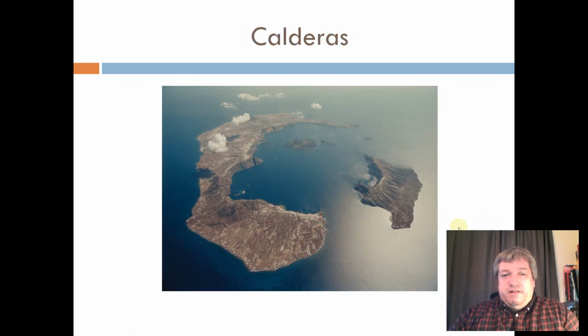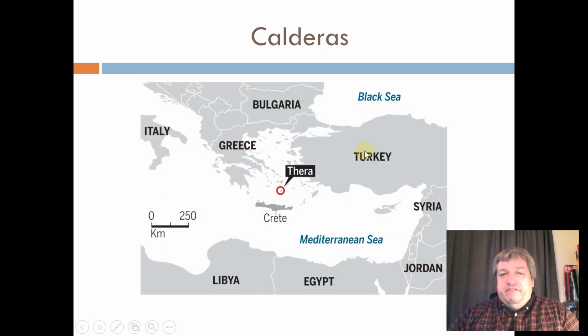Here's another example. This is the remains of an island. This is called Thera. It's in the Aegean Sea near Greece. You can kind of see where it was. This part all blew away. One of the biggest eruptions in known history. Here's Greece, Turkey, Egypt right here.